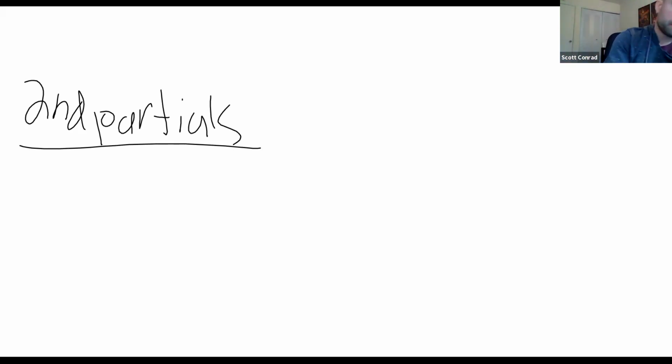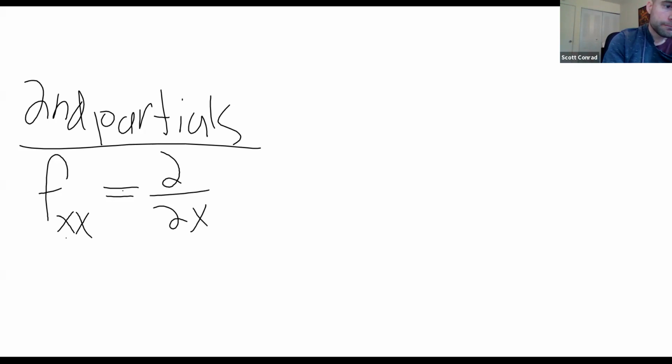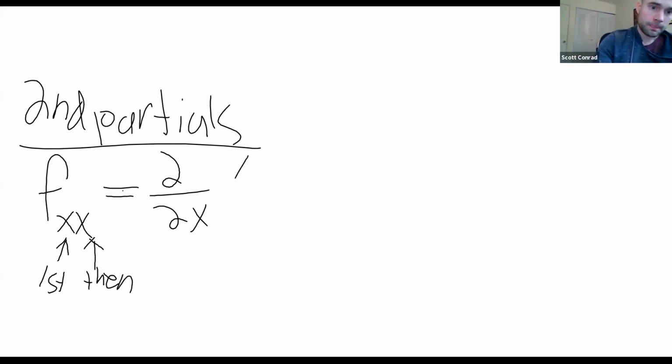So we have 4 of them, and we write them as follows. So we have f sub xx. This just means first we're taking the partial with respect to x, then we're taking the partial again with respect to x.